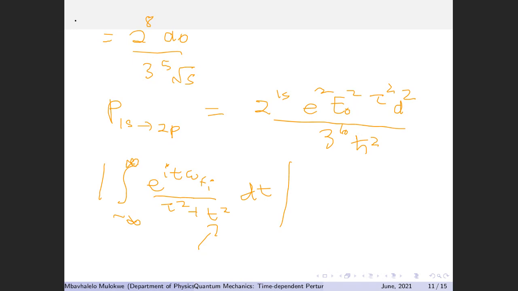Any suggestions as to how to do the integral? If this example came up on the test next week, how are you going to do that integral? Maybe you have seen the residue theorem, right?